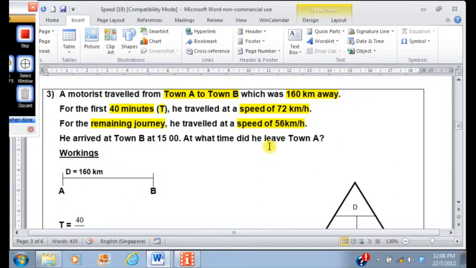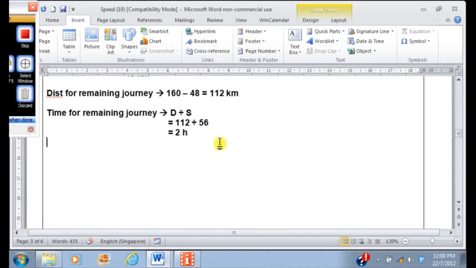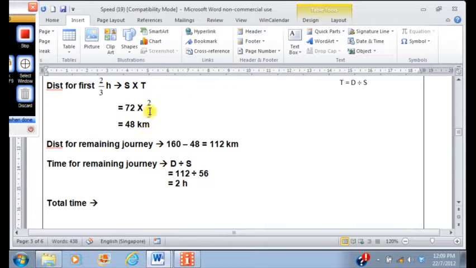Right, so what is the total time that he took to travel from town A to town B? Total time, therefore, first he took 2/3 hours, plus now we have 2 hours, so we have 2 and 2/3 hours.